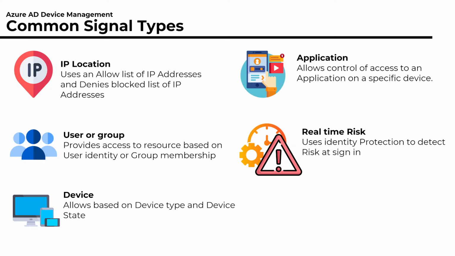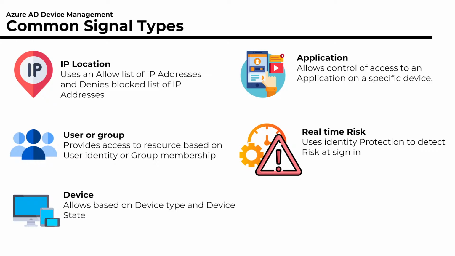So in Azure, in the Active Directory device management, we can create the devices, or we can join the devices, or we can provide the access to the devices based on the location of the IP addresses.